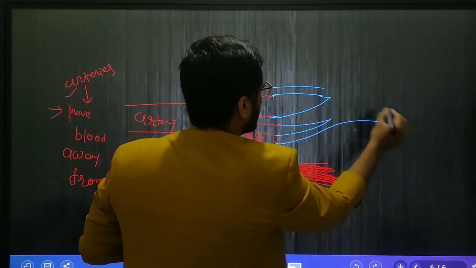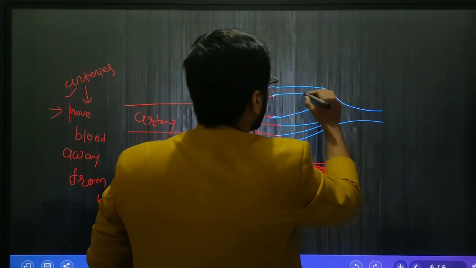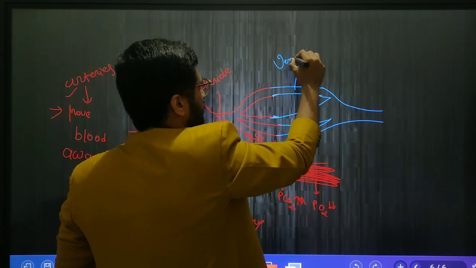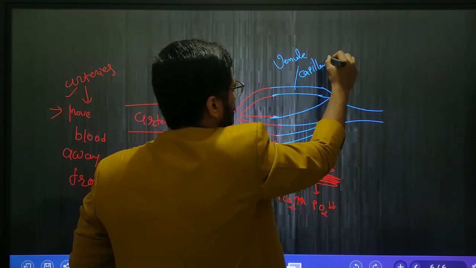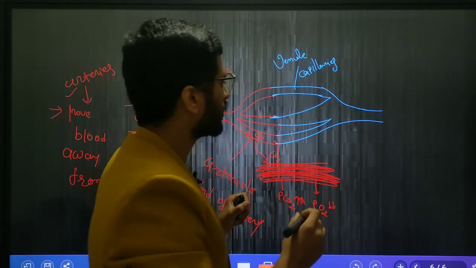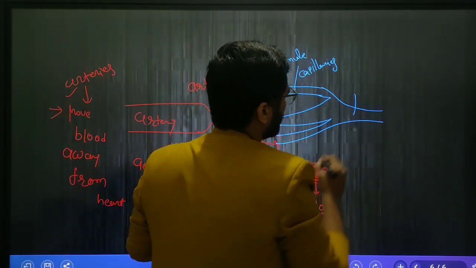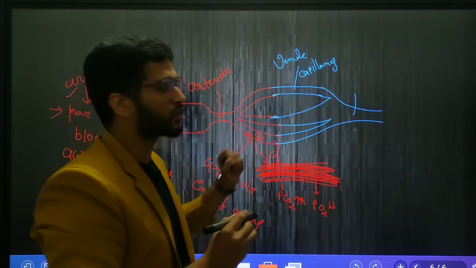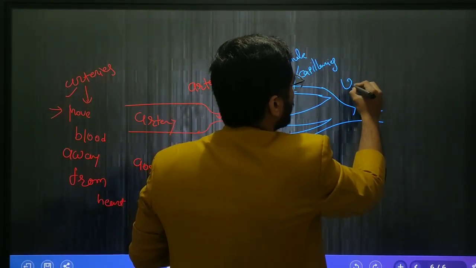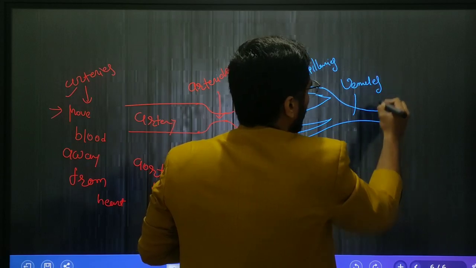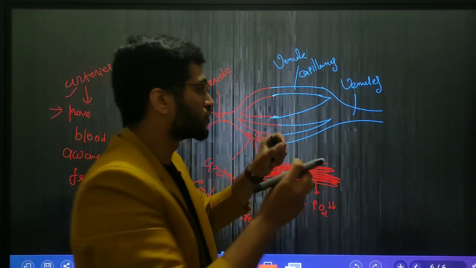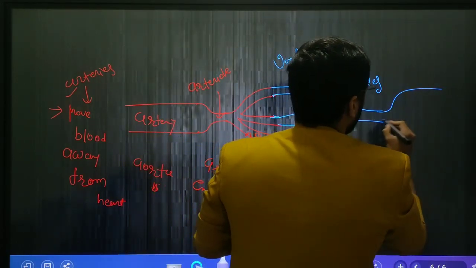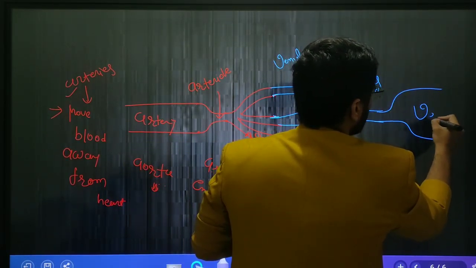This kind of capillary is known as the venule capillary, right? Afterward, these capillaries merge with each other and form venules. Then the small venules from each part of the body join together and form a big vessel known as the vein.